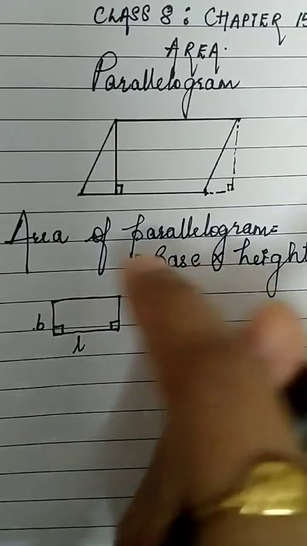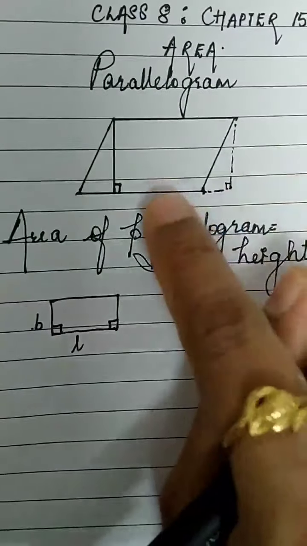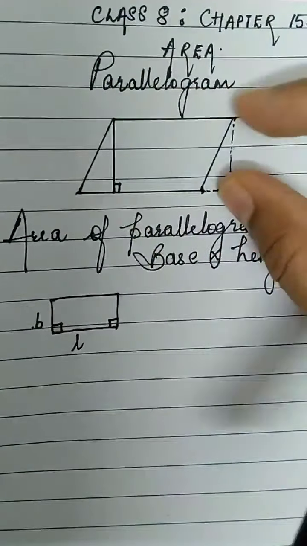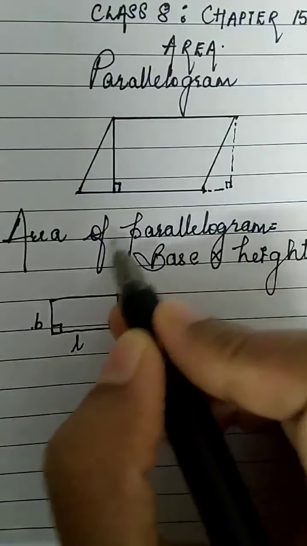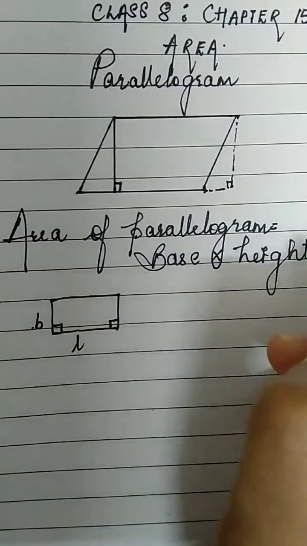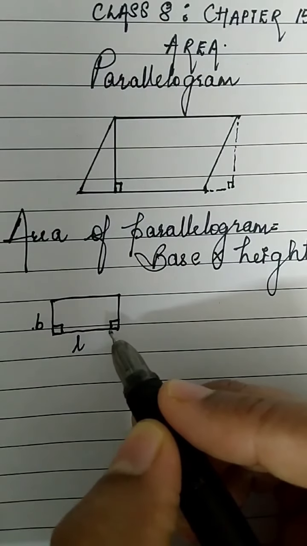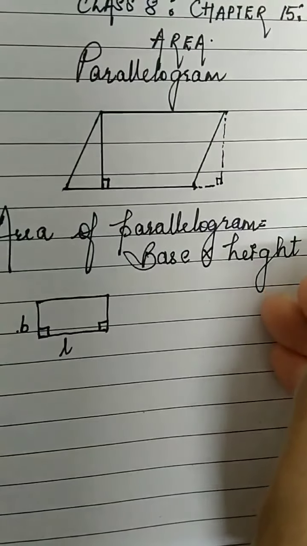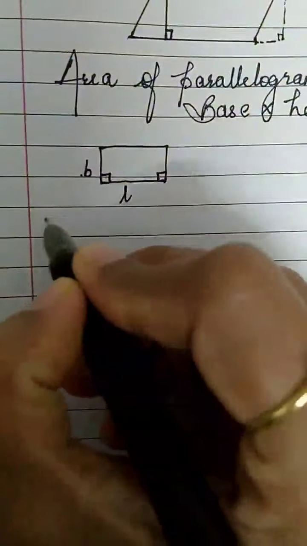So this way it is actually length into breadth, but for parallelogram we call it base of the parallelogram, and this height from the base, the perpendicular distance, is the height of the parallelogram. So for parallelogram the formula is written as base into height. This formula is derived from rectangle. Okay. So once you know the formula of area of parallelogram, we are ready to solve practice set 15.1.